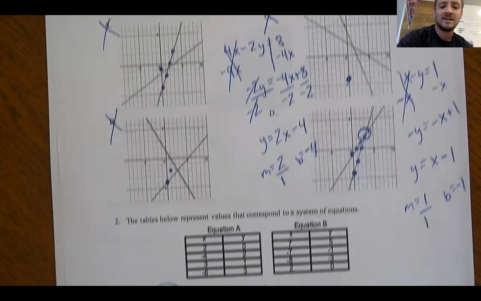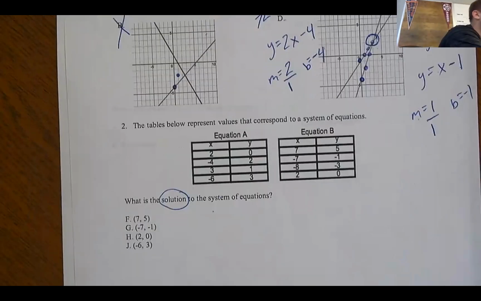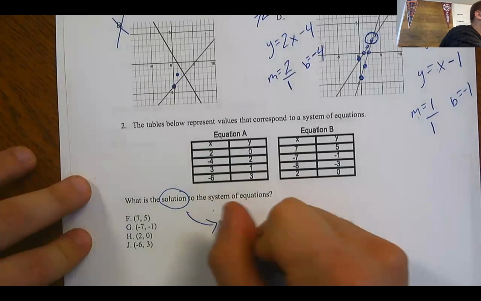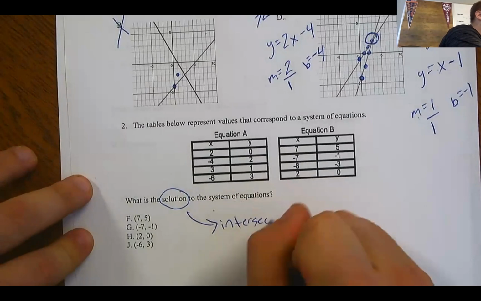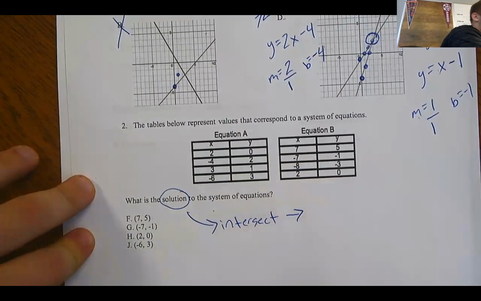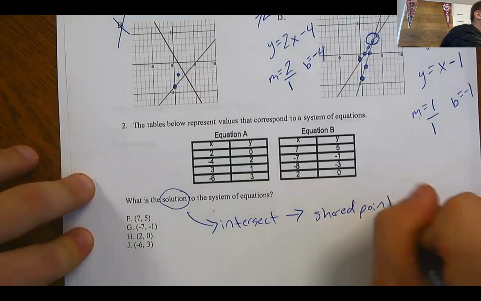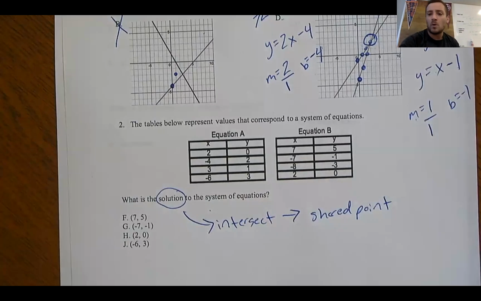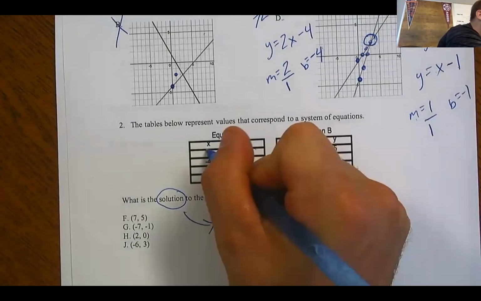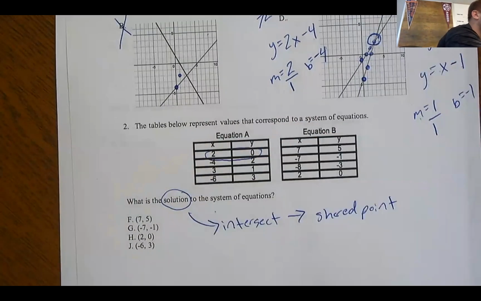So wait a second. If the solution is where our lines intersect, and they intersect at the shared point, then we just need to find what point both of our equations go through. So let's see. Can you see if there's a point that both of these tables have? Well, if I look at them, this table has the point (2, 0).